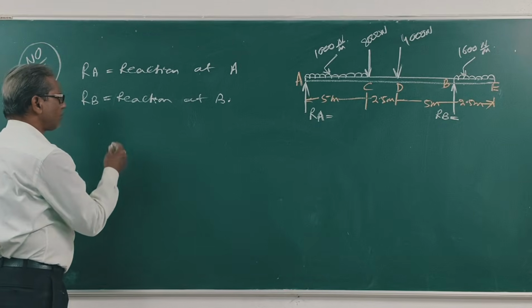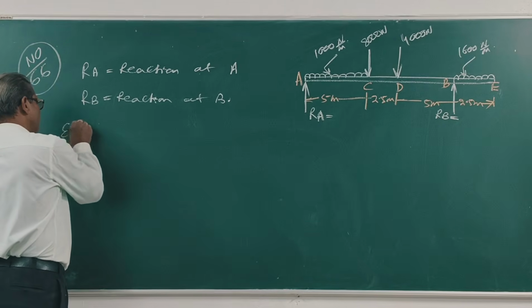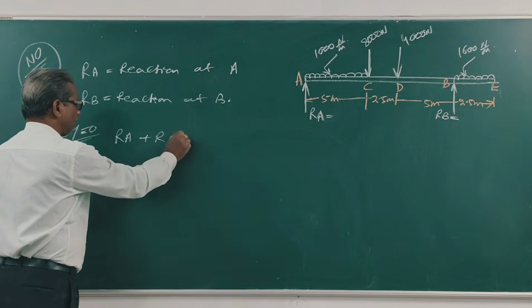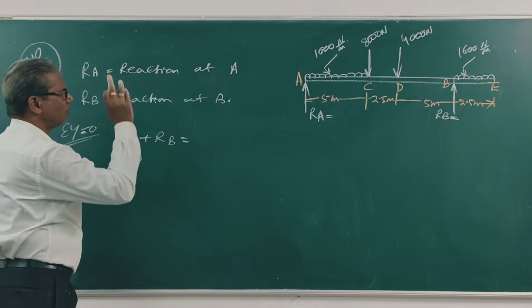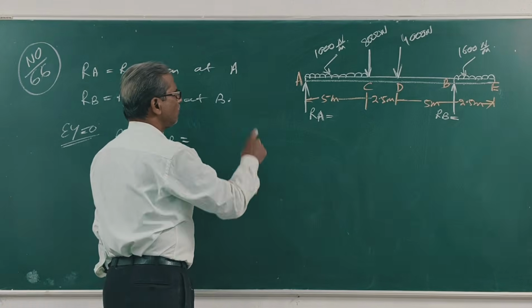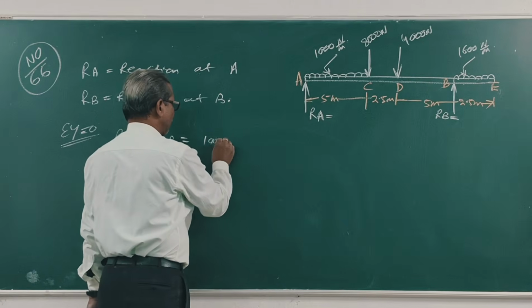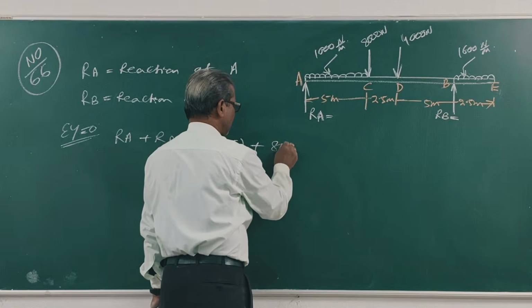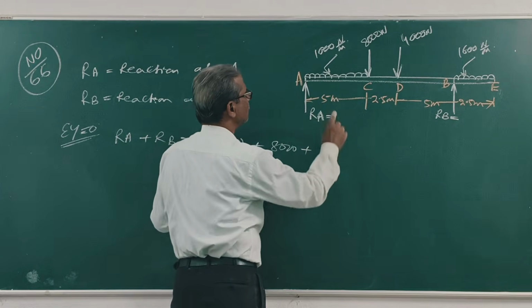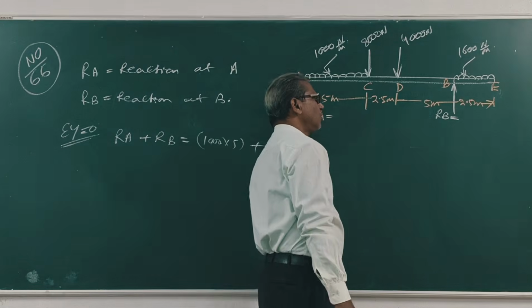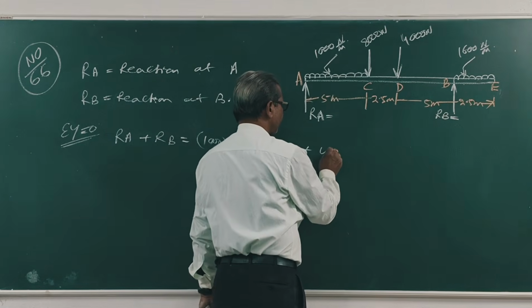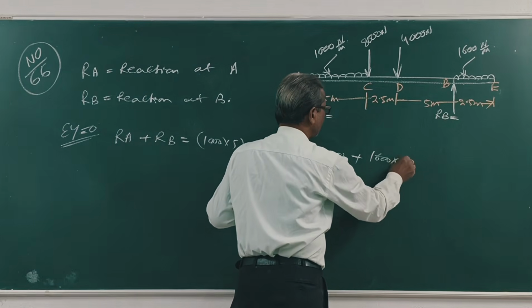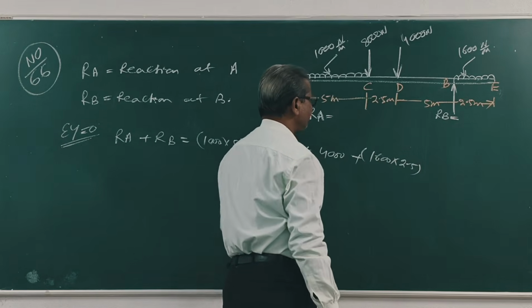Now, sigma Fy is 0. RA plus RB is equal to 5000 plus 8000 plus 4000 plus 1600 into 2.5. Clear?